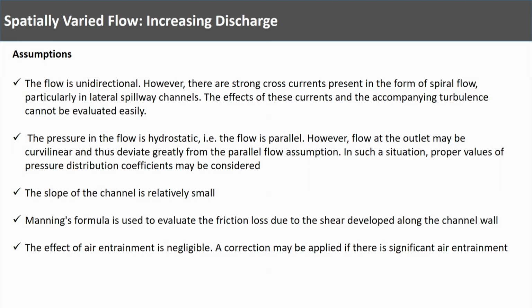Just like in gradually varied flow, in this case also we are considering the pressure in the flow to be hydrostatic. That means flow is parallel to the bottom, so this can be used. However, at the outlet the surface is curvilinear, which deviates from the assumption, so we have to apply some correcting factor when considering the curvilinear effect of the surface.